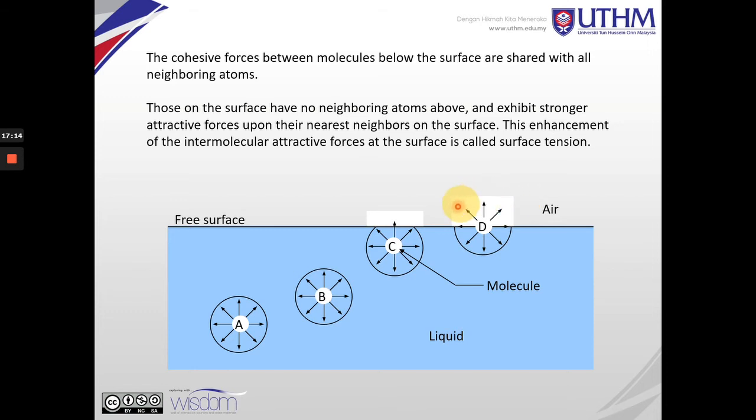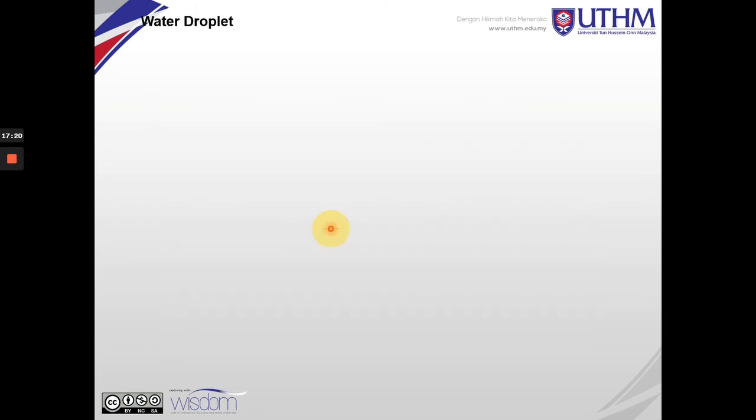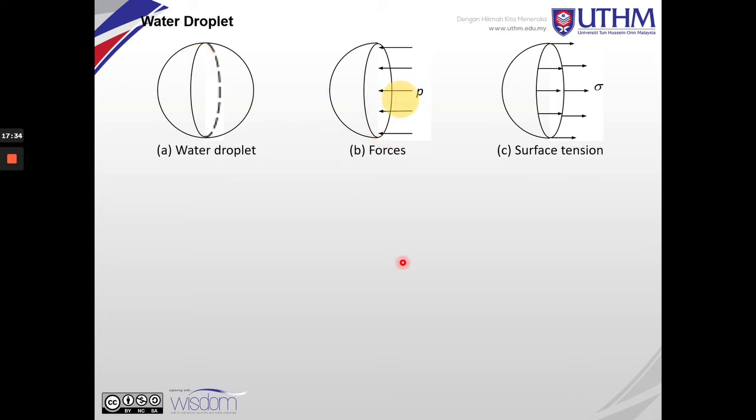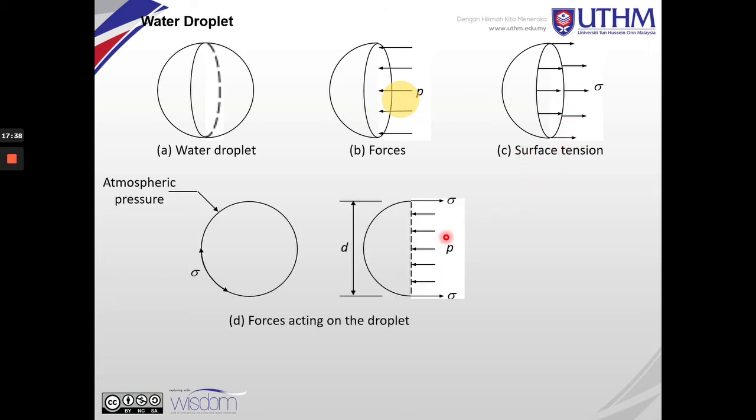Take a water droplet: the force here and the surface tension here, between the water and the air. So they have the forces here and we get the surface tension.